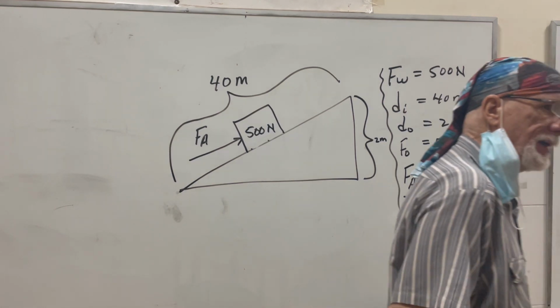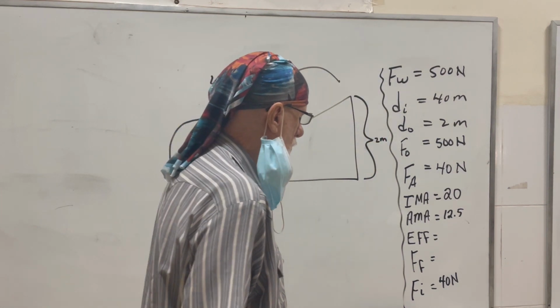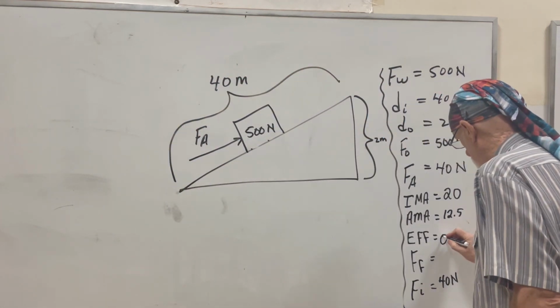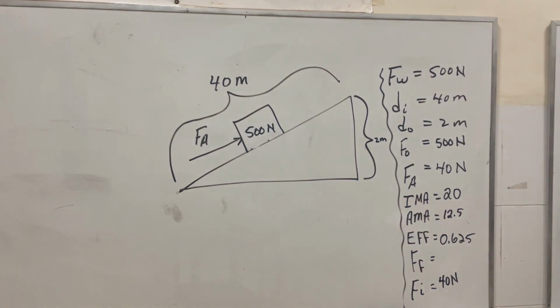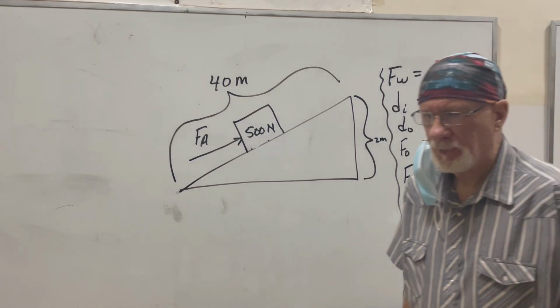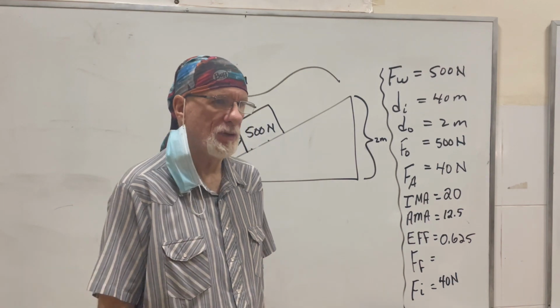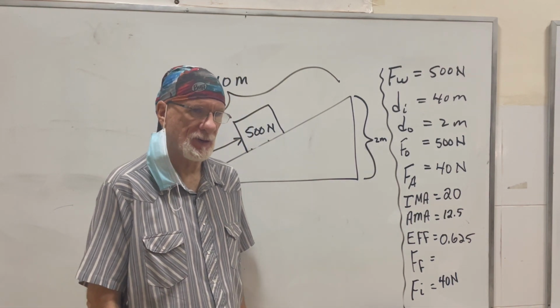Try to get that answer there, Ahmad. 0.625. Now you know that could also be presented as 62.5. If I give you the efficiency as 62.5, you know that you would use 0.625, correct?